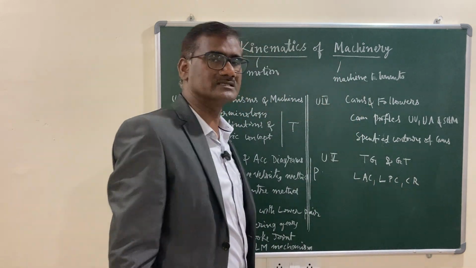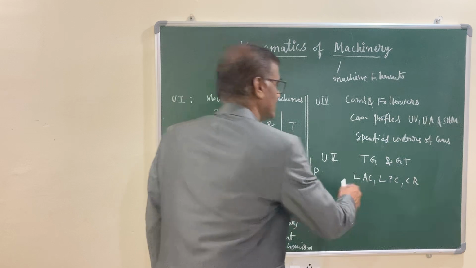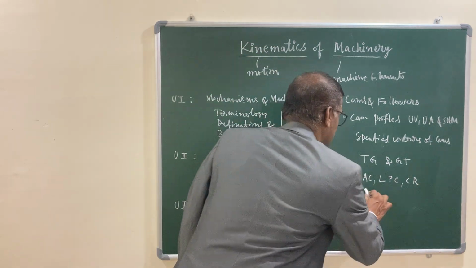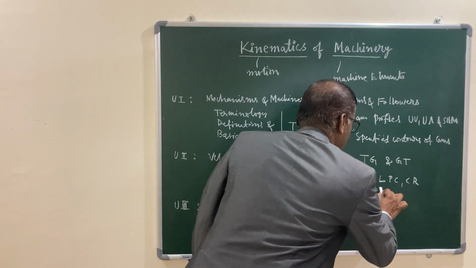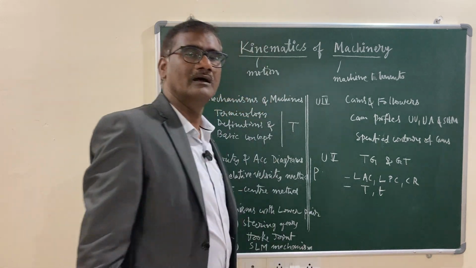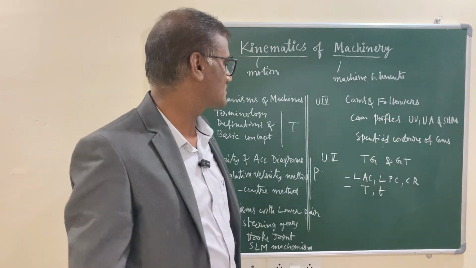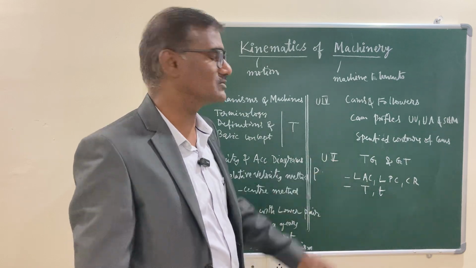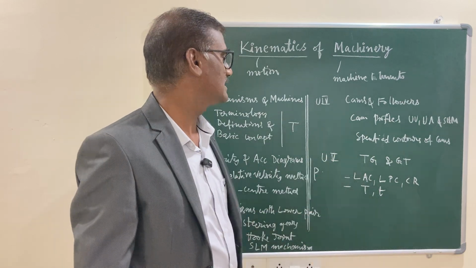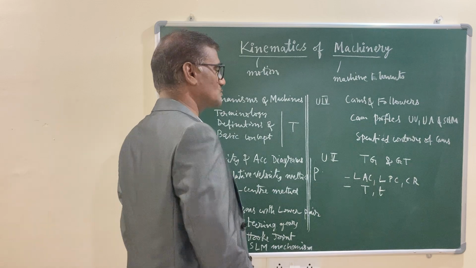Derivations and problems you have on this. And the other area is the derivation for the number of teeth on gear and pinion to avoid interference of the gears. So these are the two important areas, with derivations as well as problems.